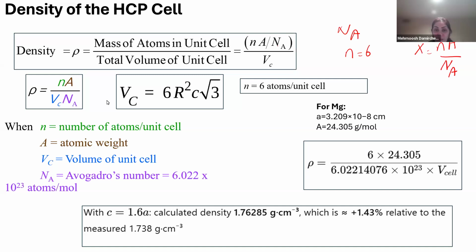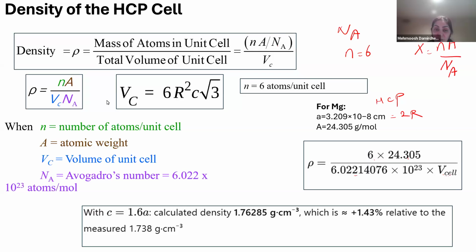For example, for magnesium, which we know is an HCP structure, we have the radius, and A is 2R. Substitute here, we find A is 3.209 times 10 to the minus 8 centimeter. Atomic weight is 24.305 gram per mole. Substitute N is 6, A, Avogadro number, and V cell. V cell is this, instead of R substitute. And for C, it depends.